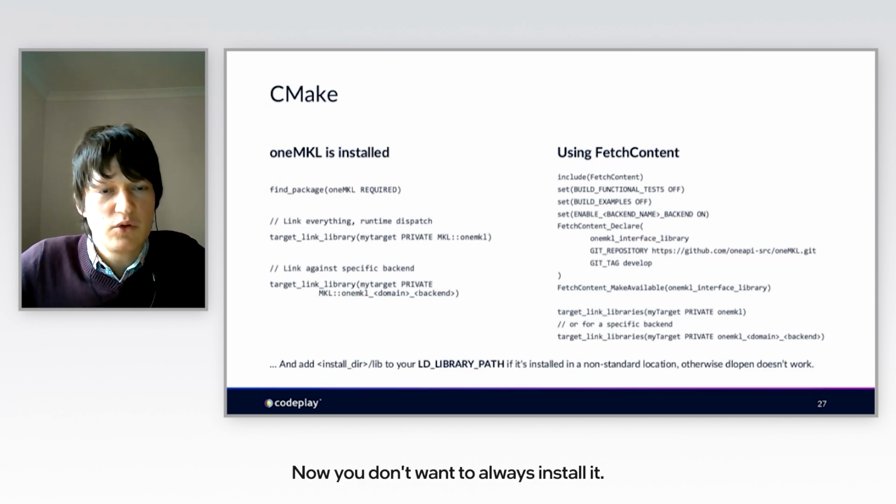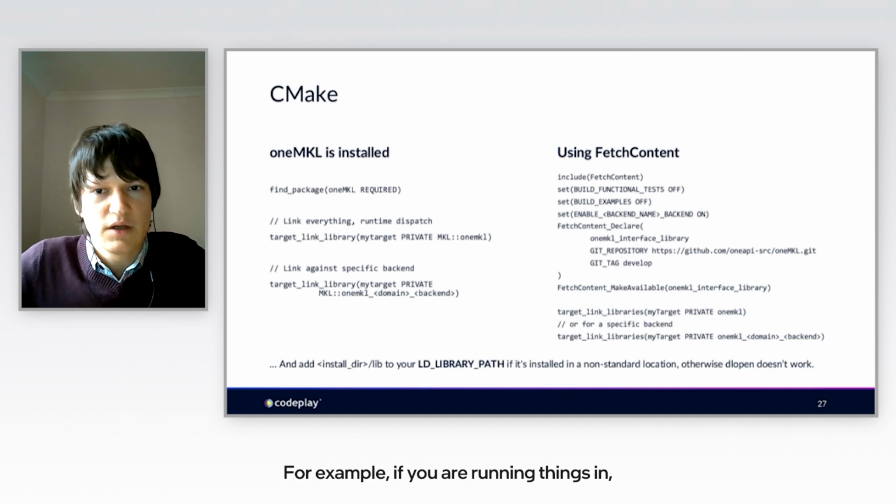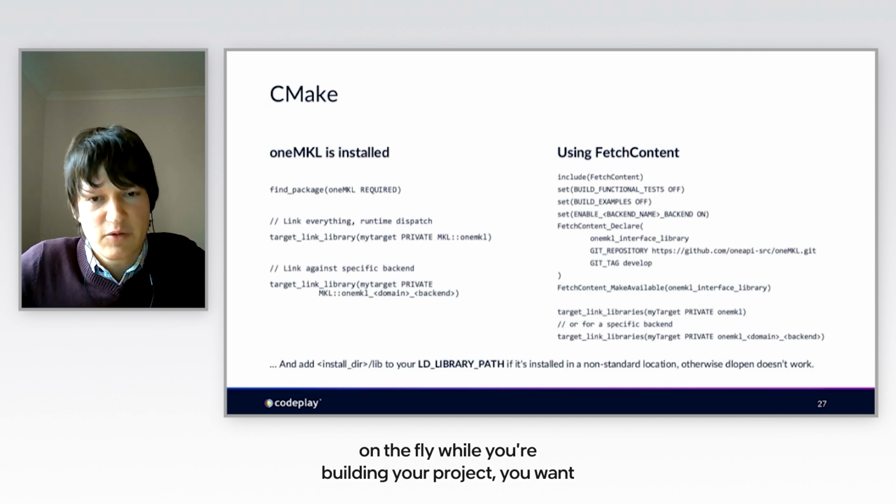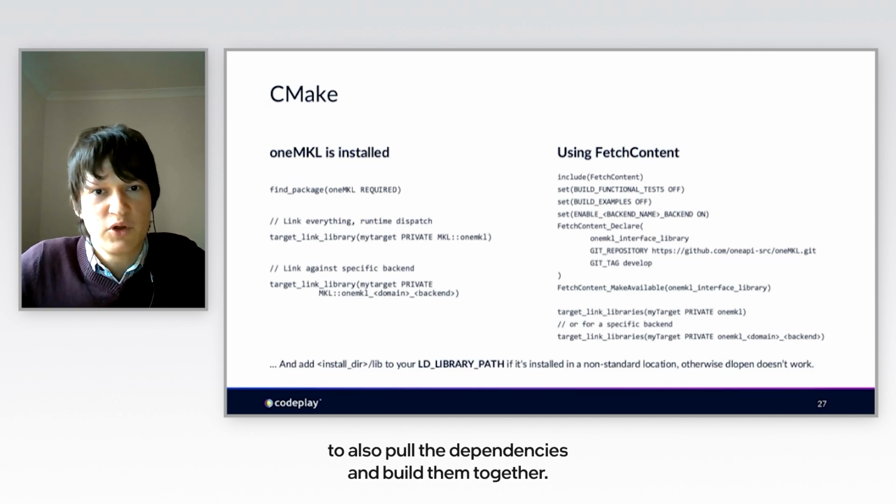Now, you don't want to always install it. For example, if you're running things in pipelines somewhere remote, maybe in CI or somewhere, sometimes you want to, on the fly, while you're building your project, also pull the dependencies and build them together.